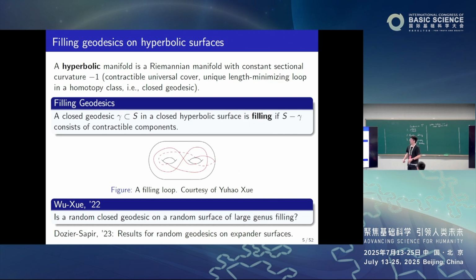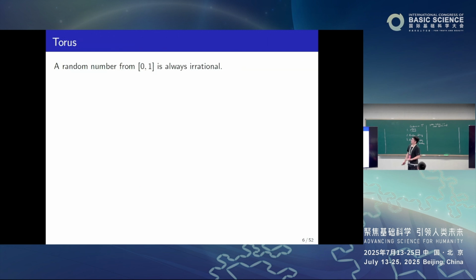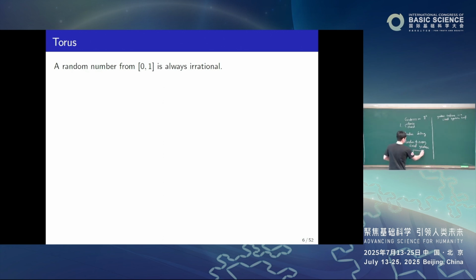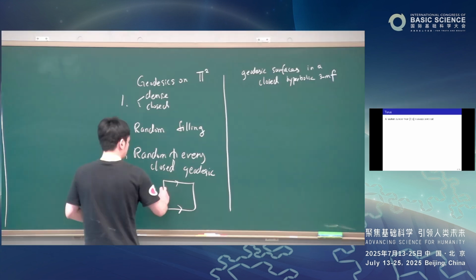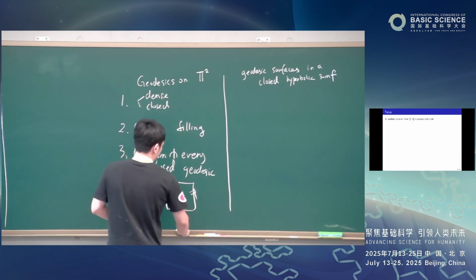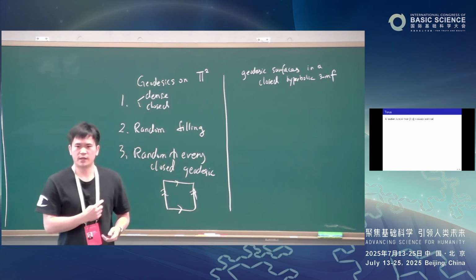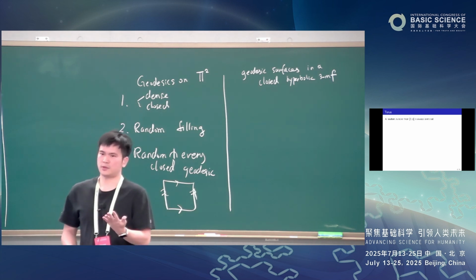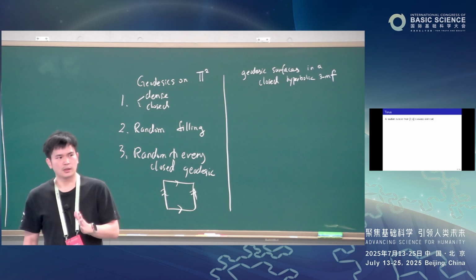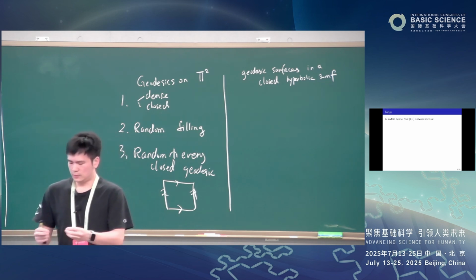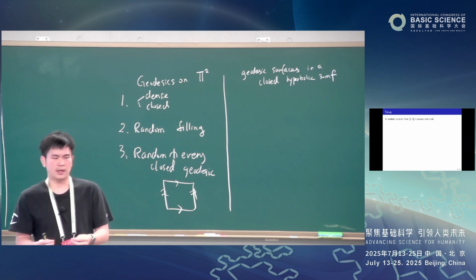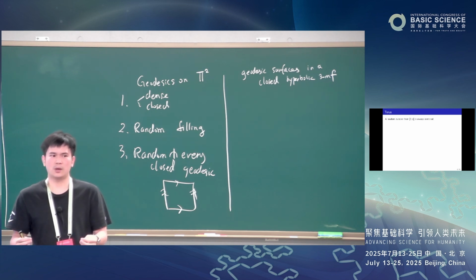Before we talk about hyperbolic three manifold, let me review geodesics on the torus. Let's use this unit square. So this is a torus. If you think about geodesics on this torus, it's parameterized by the slope. Now look at the space of all geodesics, that's numbers from 0 to 1.